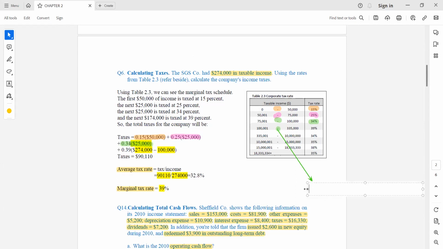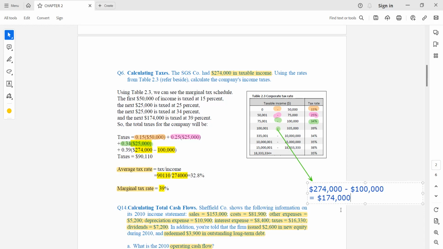So we know the company is earning 274,000 minus the 100,000. That means the leftover value that's subject to 39% tax is this amount. How much is this amount? So you use 274,000 minus 100,000, and you get 174,000.